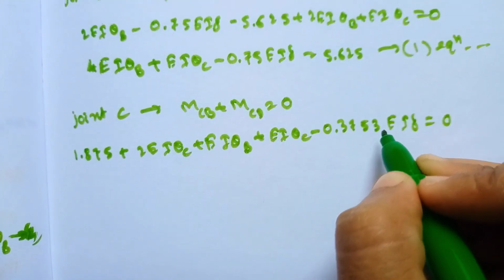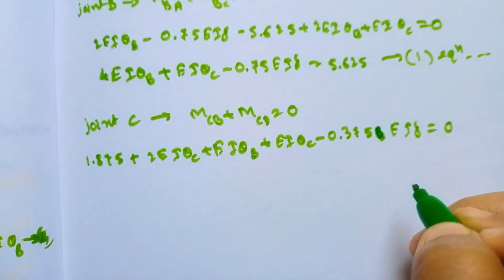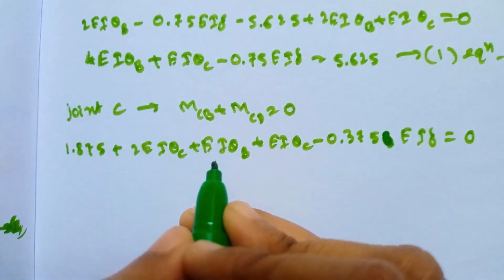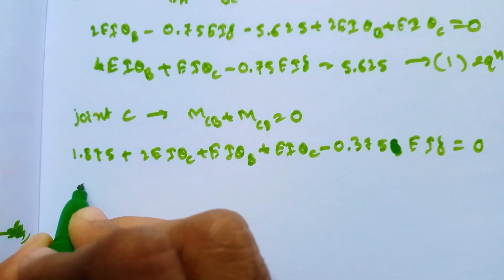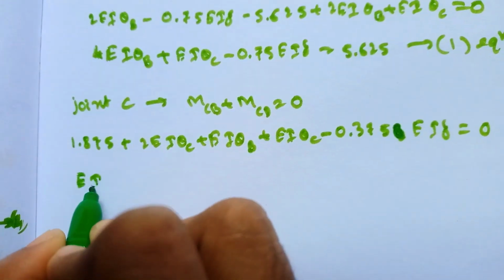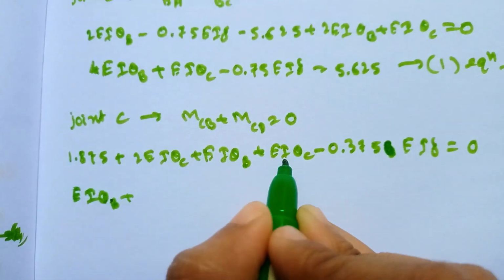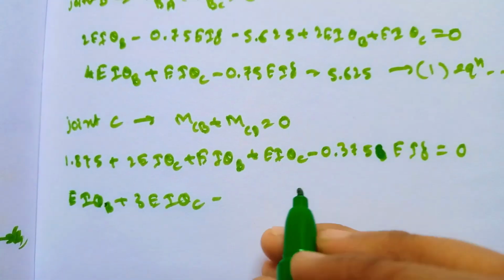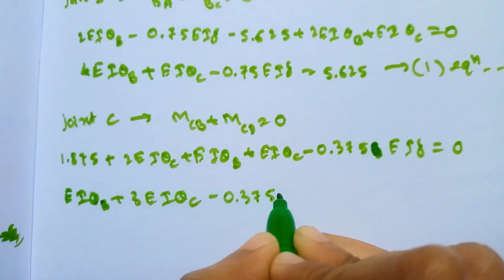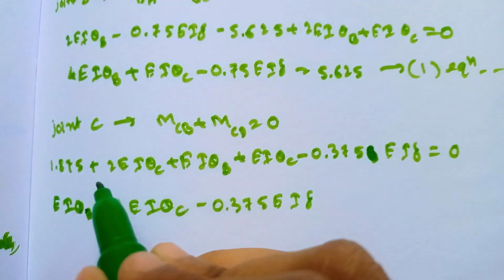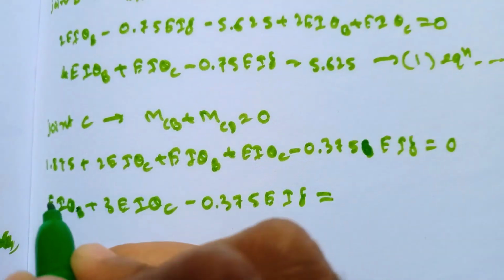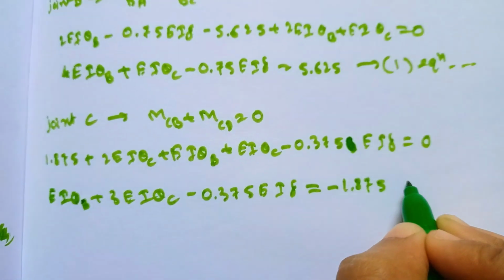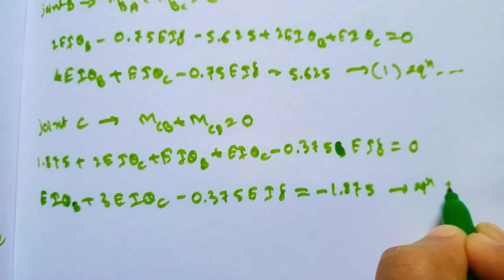Now simplify it. EI theta B is only one, so write it as it is, and 2 EI theta C and 1 EI theta C becomes 3 EI theta C, minus 0.375 EI delta, is equal to positive 1.875. If I take this to the right side it becomes minus 1.875. Call it equation number 2.